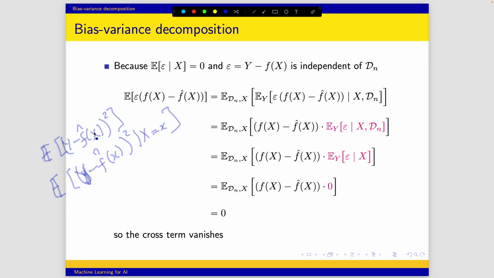So given some value of x, what is the expected value of this? Now that expected value is over the training samples. That's what you're looking at in that case. So here it's over the training samples and (x, y). Here we're looking at it only over the training samples, given x.